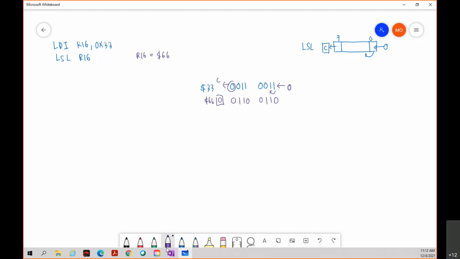Previously, we already stated that for the LSL, it's actually multiplying the value of your register by 2. So previously R16 was 0x33, and when you multiply by 2, you will get 0x66, which is proven by using the same operation. So that's how it works for the LSL.